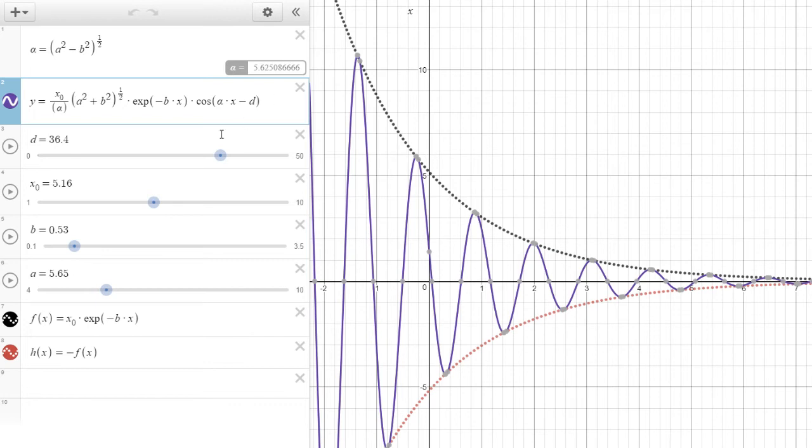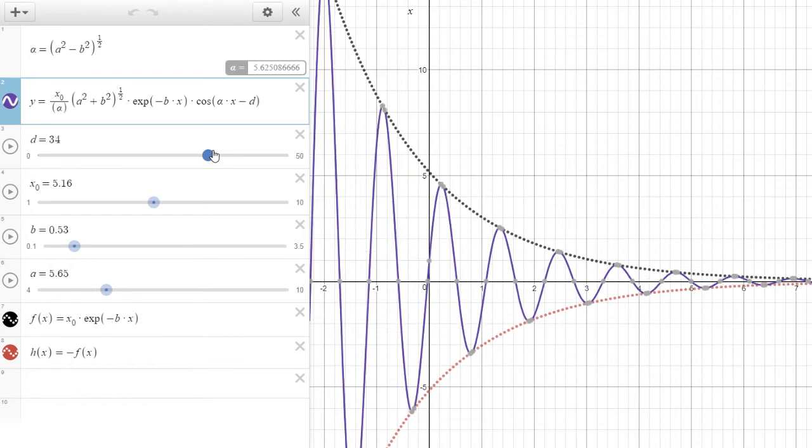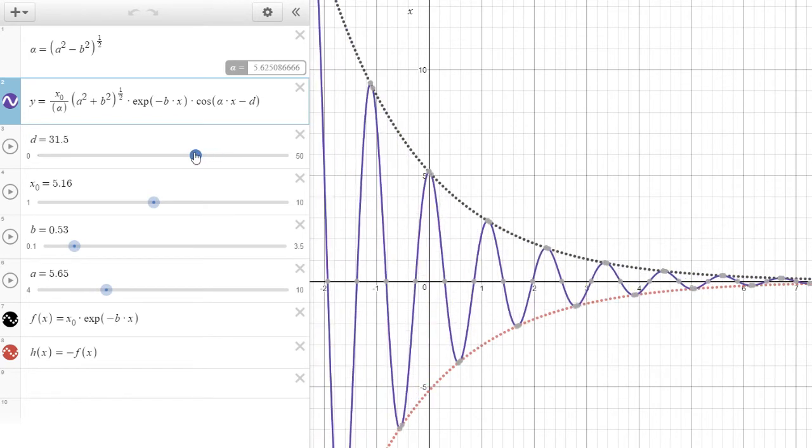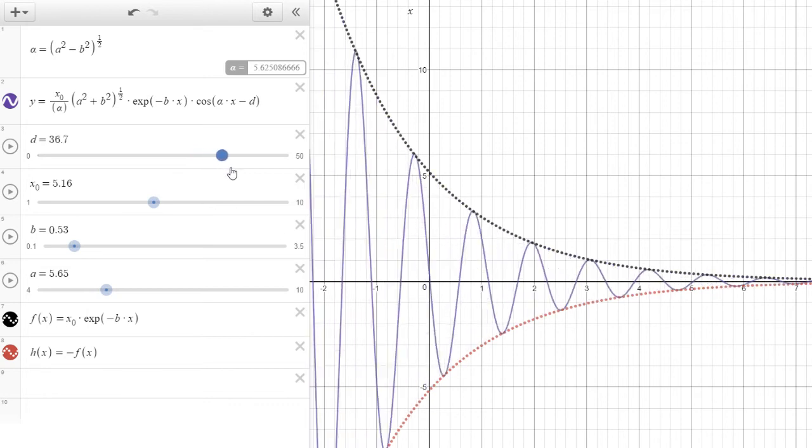Okay, so let's have a look at each of these terms in turn. Again we've got our value of alpha there as well. So the value of d is just going to add phase on, so you can see that there. The graph remains exactly the same, it just shifts along the x-axis. So we're just shifting along the x-axis.